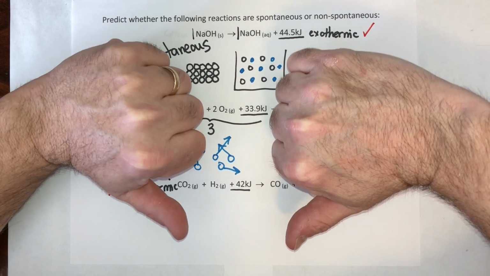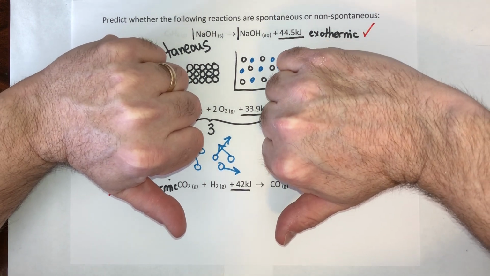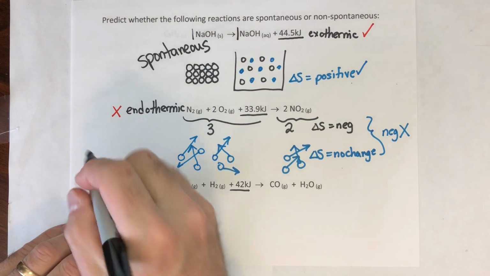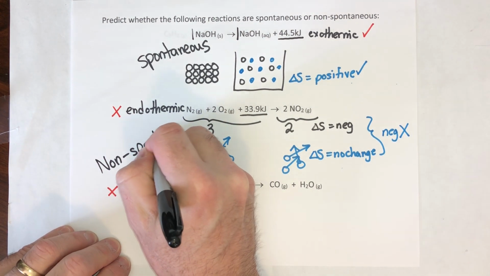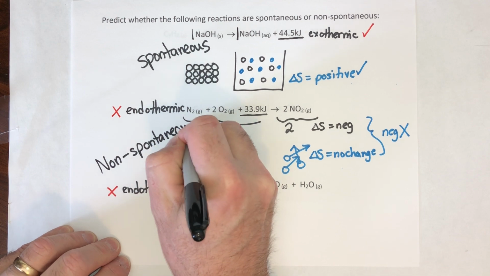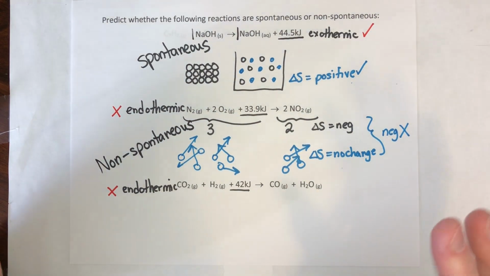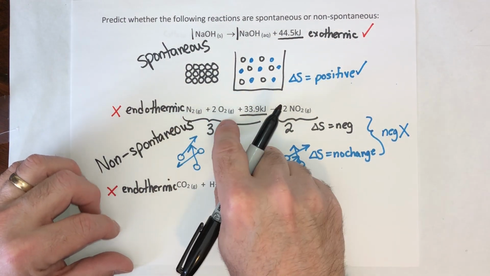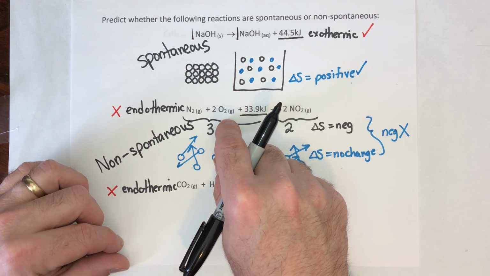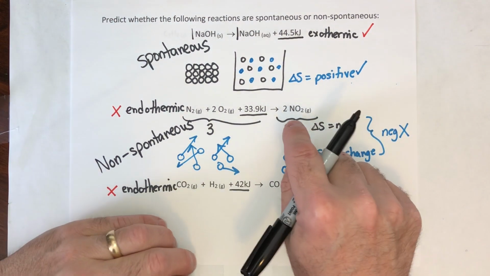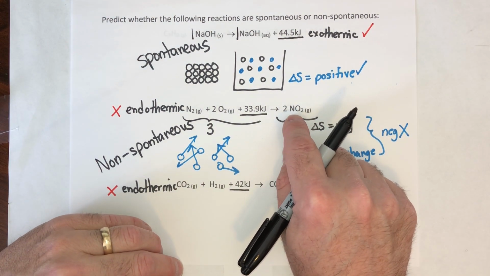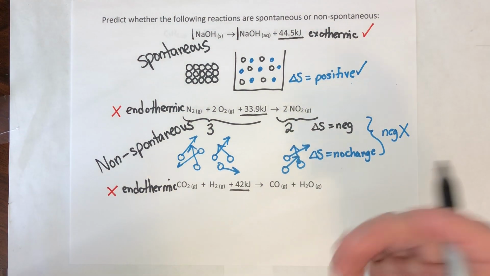So if both things vote for non-spontaneous, then this reaction is going to be non-spontaneous. Which means if you mix some nitrogen gas and oxygen gas together, they are never going to spontaneously or naturally form nitrogen dioxide.